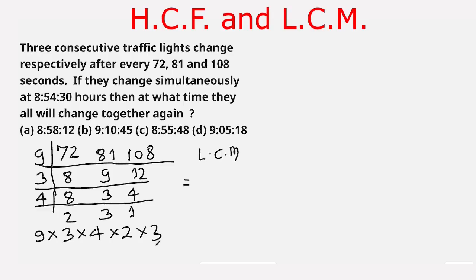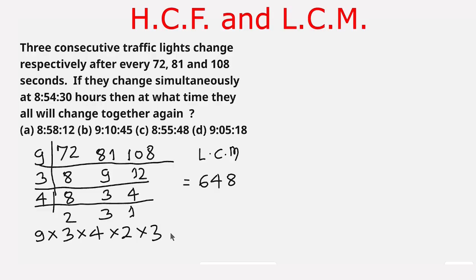So we multiply all these numbers. 3 times 2 is 6. 6 times 4 is 24. 24 times 3 is 72. And 72 times 9 is 648. So LCM is 648 and this is 648 seconds.